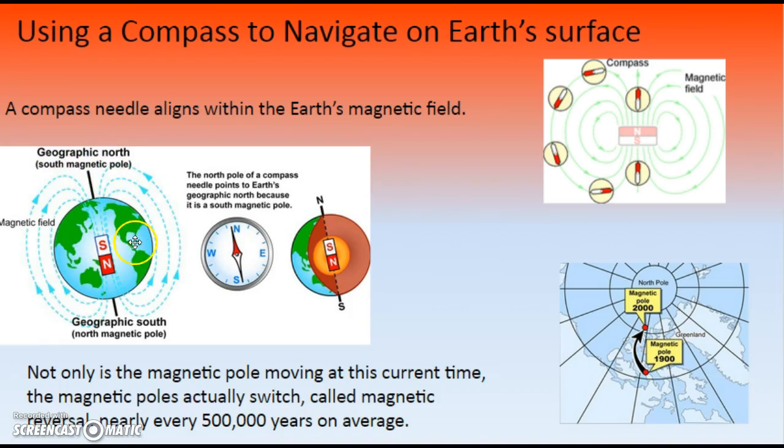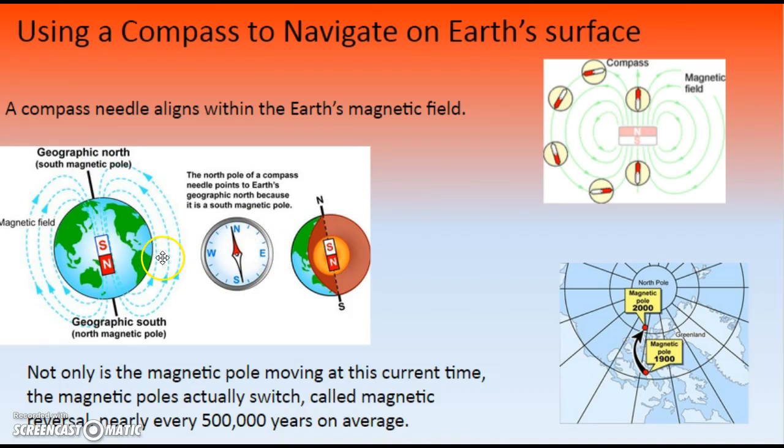Now that should throw you for a loop for a second, but think of it this way. Magnetic field lines are always drawn from magnetic north to magnetic south. And so if I look at the magnetic north end of this magnet, magnetic field lines are drawn from the geographic south pole towards the north pole. So what geographic north is, it's actually the south magnetic pole. And a compass will help make sense of that.